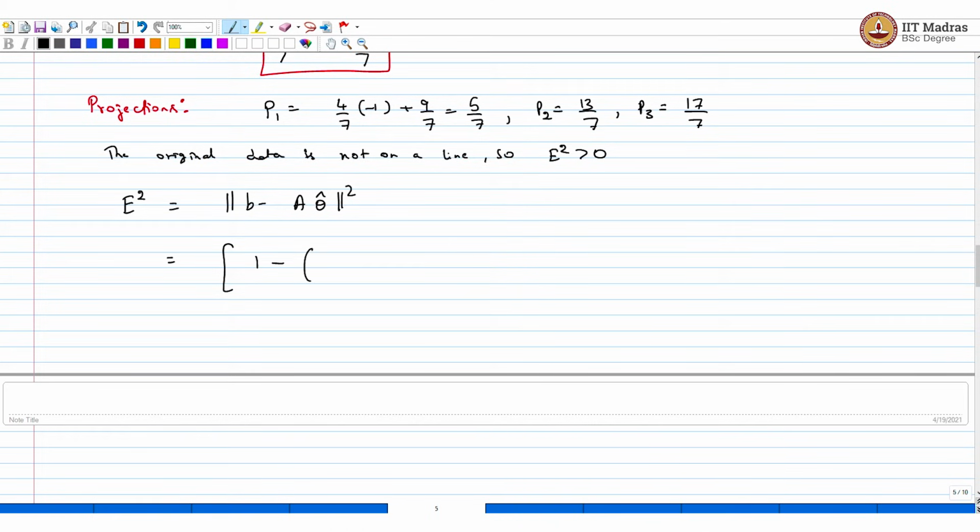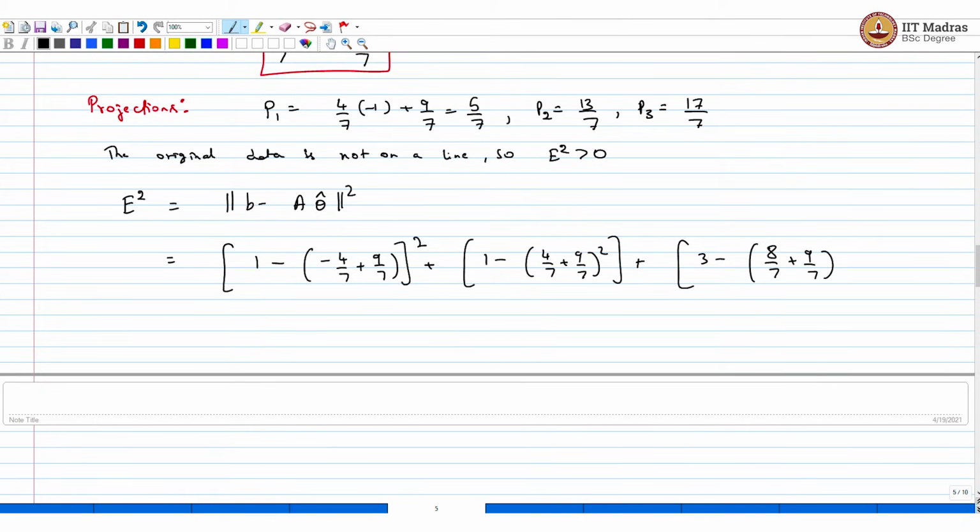So, you get 1 minus (4/7 plus 9/7), squared, plus 1 minus (4/7 plus 9/7), squared, plus 3 minus (8/7 plus 9/7), squared. Sorry, the square is outside.